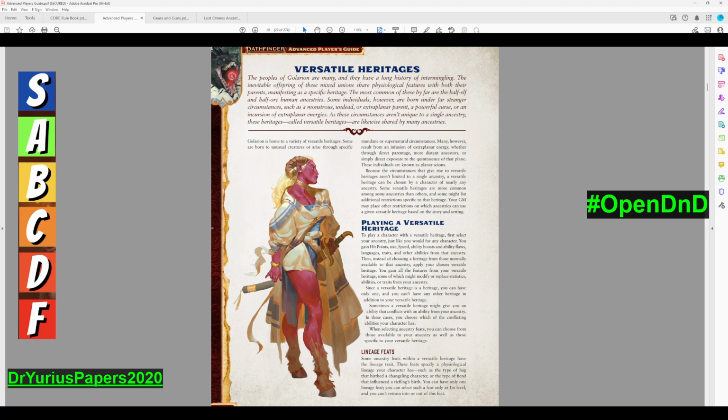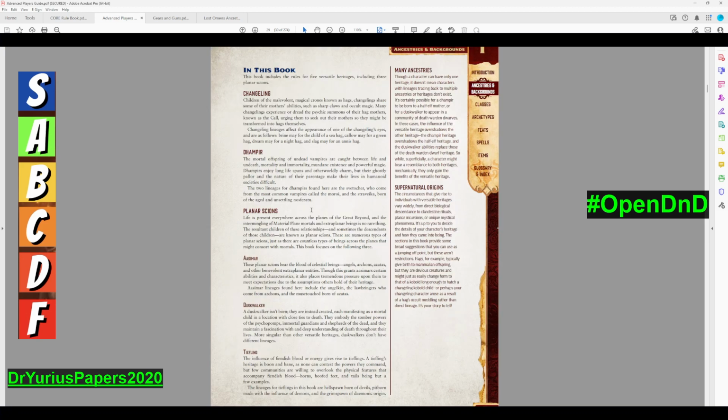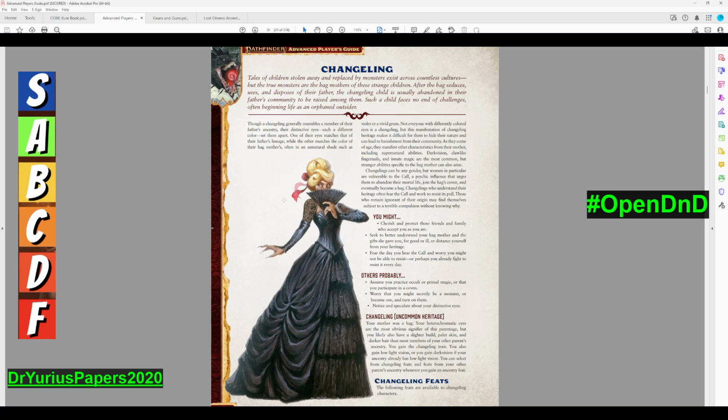Now here's the versatile heritages. So these can be plunked down on just about anything. First you select your ancestry just like you would for any character. You gain all the stuff from that. And then instead of choosing a heritage from those normally available to your ancestry, you apply a chosen versatile heritage. So you could be a changeling dwarf or a changeling halfling, something like that.